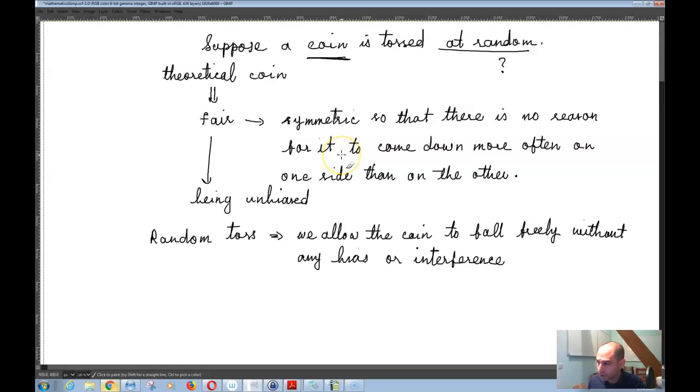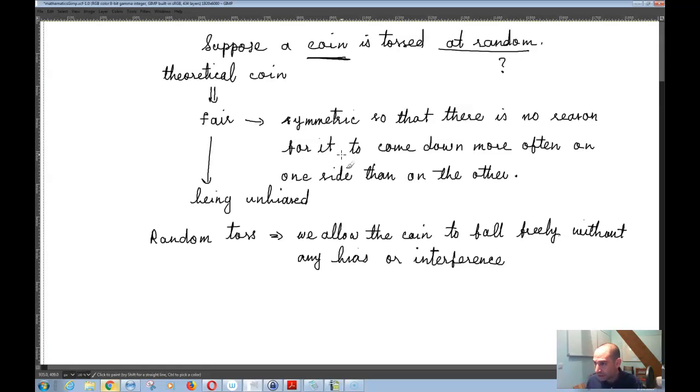So we dismiss the possibility of its landing on its edge, which may be possible, for example, if it falls on sand. And we can reasonably assume that each outcome, heads or tails, is as likely to occur as the other. So we refer to this by saying that the outcomes, heads or tails, are equally likely.